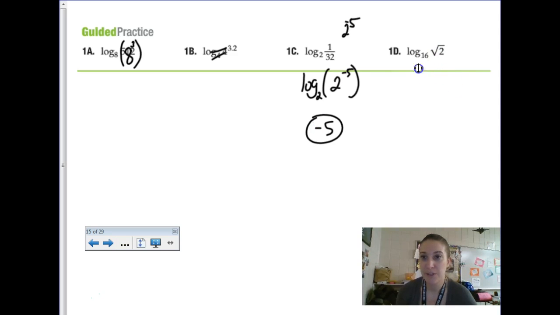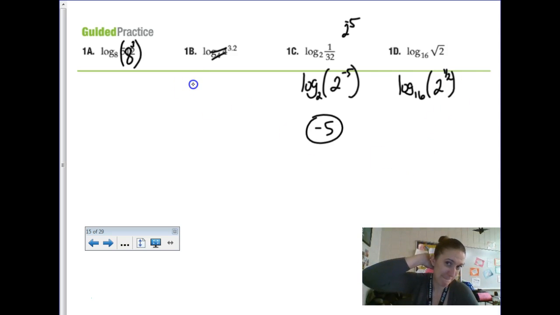This one's actually really tricky. So this is 16. And then we have to change it to a square root of 2, which is 2 to the 1/2. Yuck. Okay. Boy. So, if I wanted to make that a 16, holy cow, this is tough.